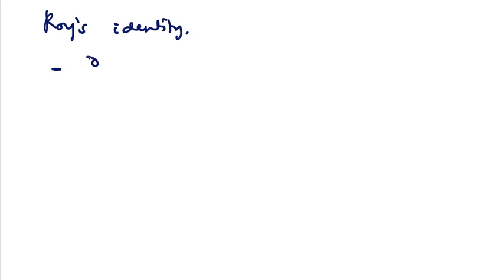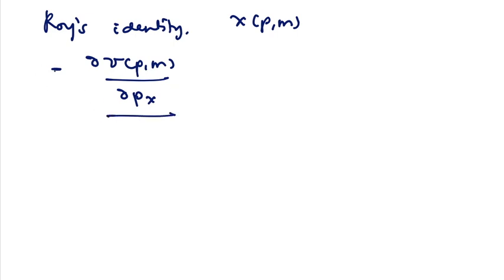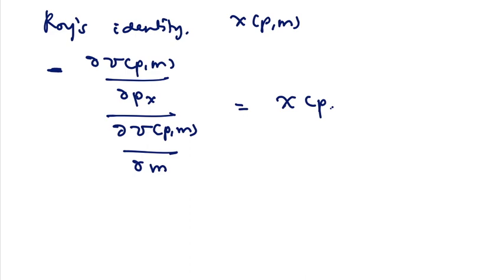And Roy's identity says what? You take the partial derivative of the indirect utility function with respect to the price of good x, for instance. Let's say we want to get the Marshallian demand function for good x. So take the partial derivative of this. Don't forget to put the minus sign. And then take another partial derivative of the indirect utility function, but this time with respect to m, take this ratio, and you get the Marshallian demand function.